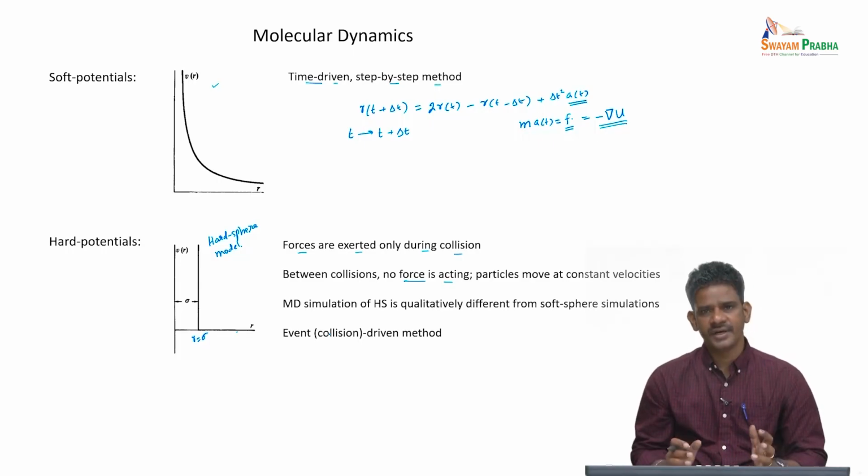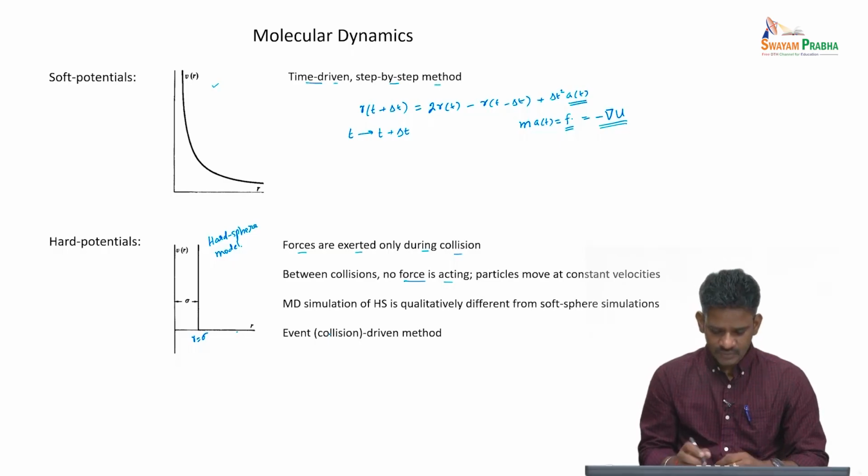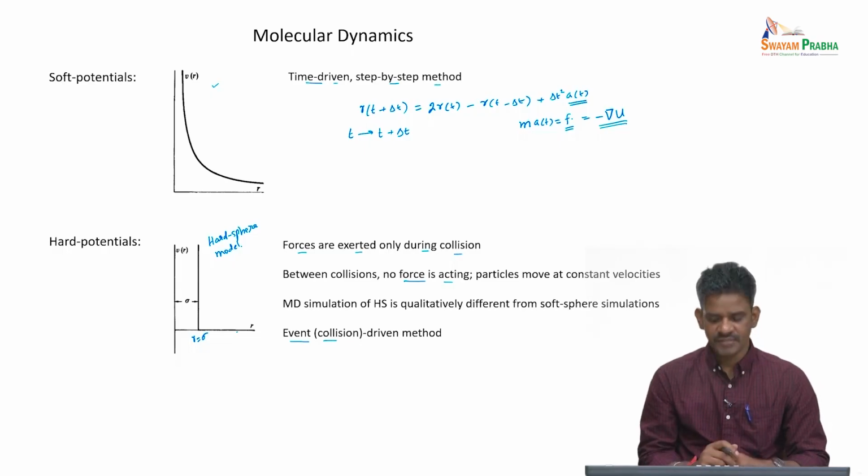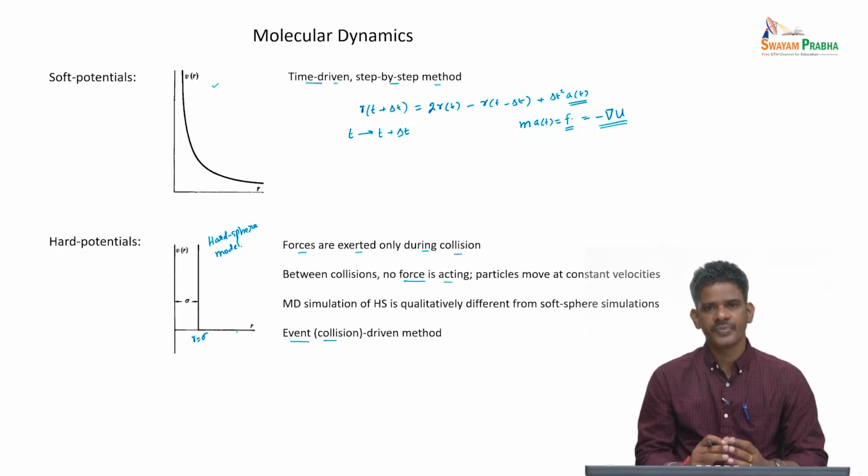In a system of n particles, we find who the next colliding partners are, and when they collide, we have to conserve energy and momenta. Between those collisions, all the particles move with their velocities at a constant value. Because of this, hard sphere MD simulation is known as an event driven or collision driven method. We are going to discuss in detail how to execute MD simulation of hard sphere systems.